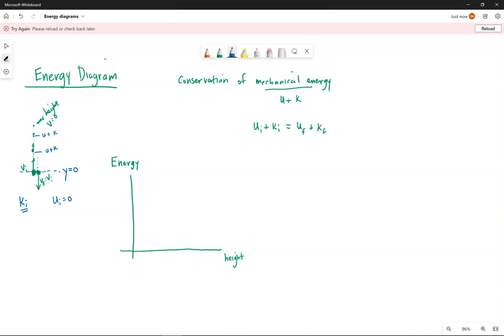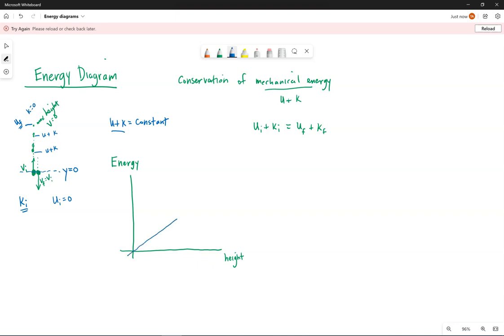The amounts of individual potential energy and individual kinetic energy would be changing, but the sum of those two, adding them up at any one given point in time, has to equal the same number of joules all of the time. At the highest point, all of the energy is potential. None of it is kinetic. And so an energy diagram can represent this.